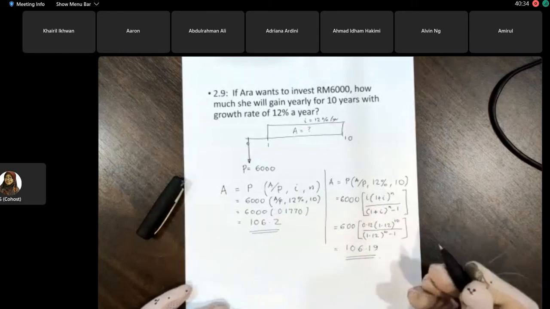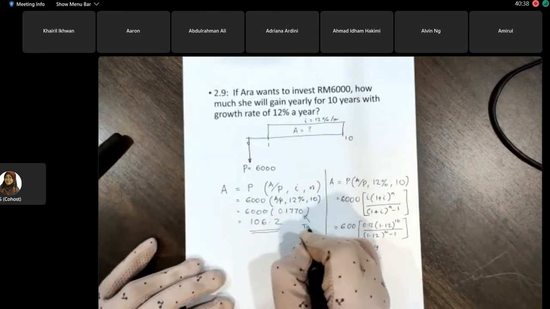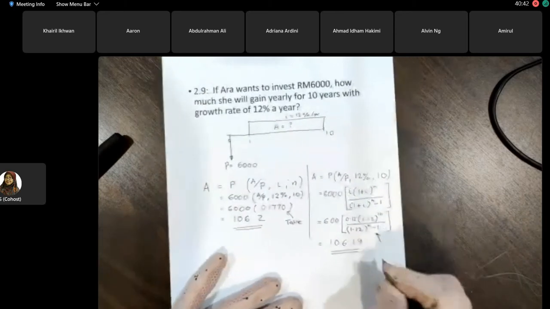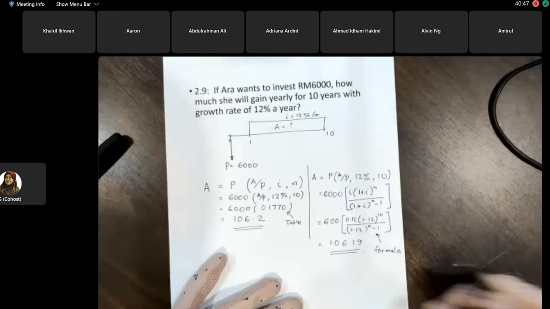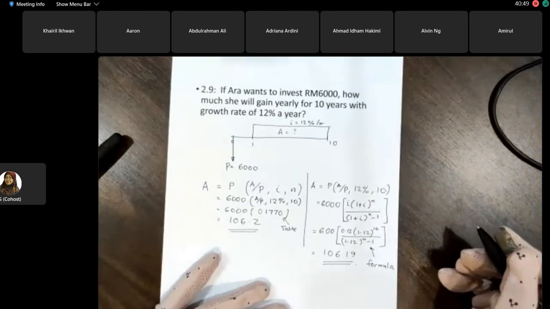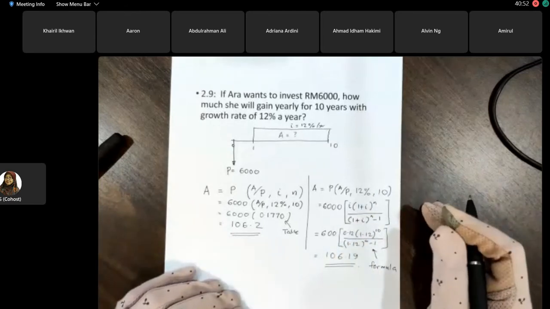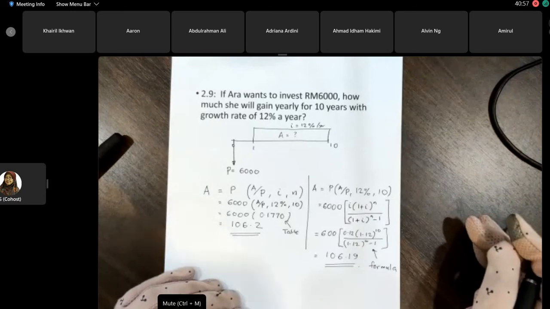This one is by using the table, and this one by using the formula. Okay? Any question?